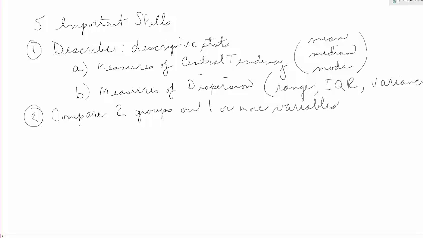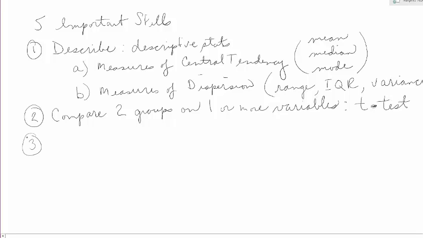That would be maybe the degree of empathy demonstrated by guys compared to the degree of empathy exhibited by women. And this is commonly determined by something called a t-test.